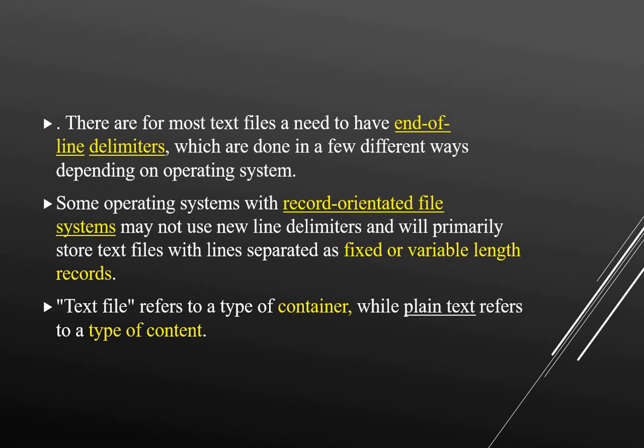For most text files there is a need to have end of line delimiters, which are done in a few different ways depending on the operating system. Some operating systems with record-oriented file systems may not use line delimiters and will primarily store text files with lines separated as fixed or variable length records. A text file can be referred to as a type of container, while plain text refers to a type of content.